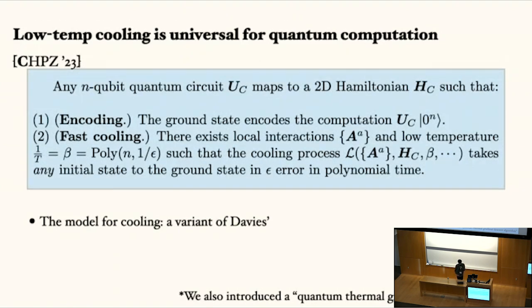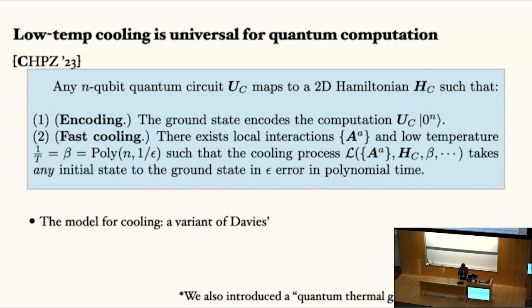In the local minimum paper, what we show is that there's a mapping that takes any circuit you would like to implement and spits out a 2D Hamiltonian, depending on the circuit, such that the ground state encodes your computation. If you just put this in the refrigerator at a very low temperature and wait for polynomial time, it would give you the ground state.